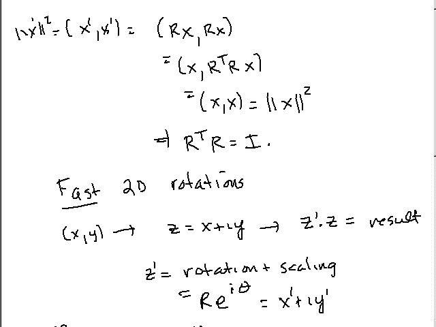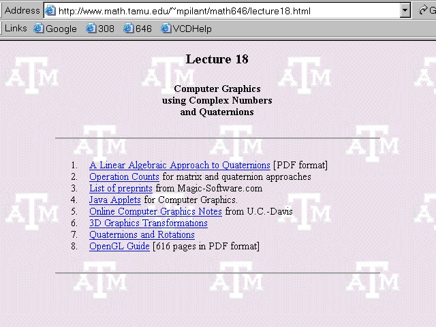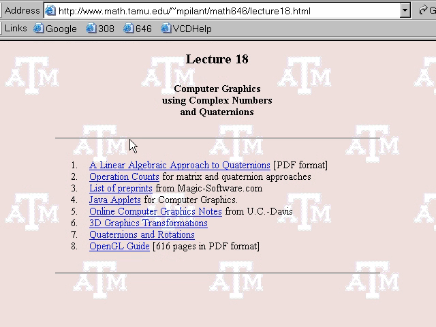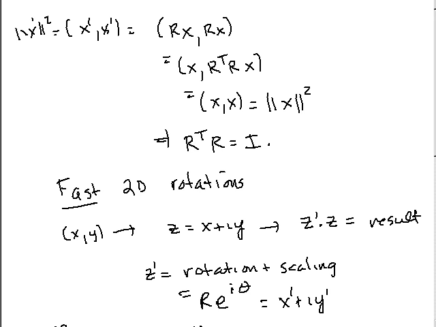Okay. So let's go back to our lecture here. The quaternions are essentially a 4-dimensional extension of the complex numbers.